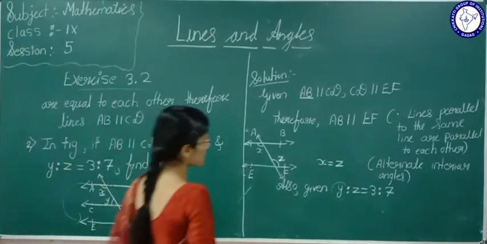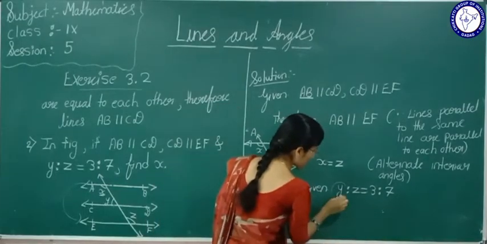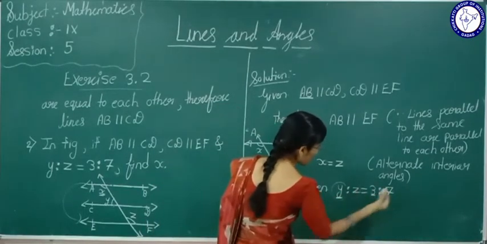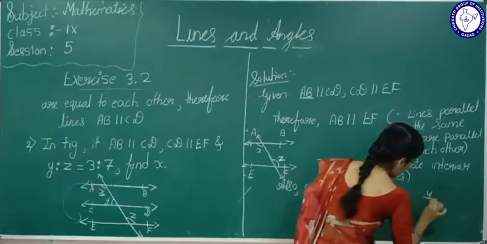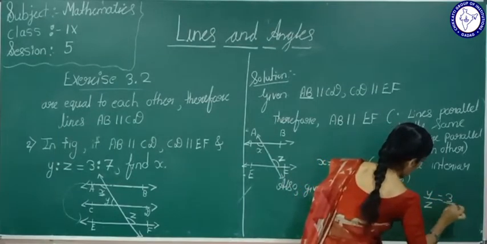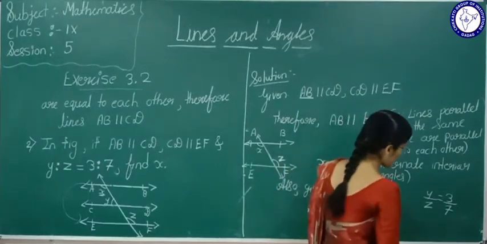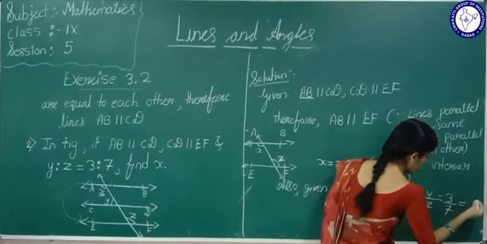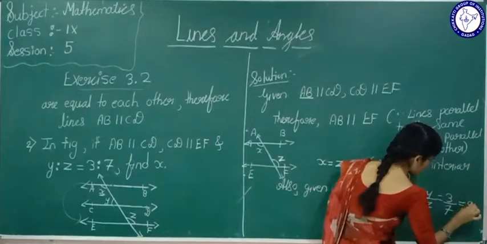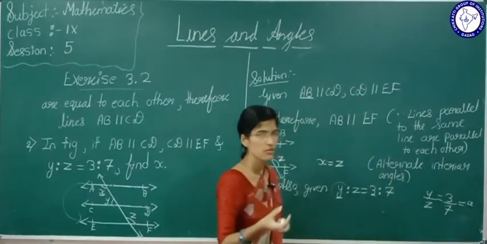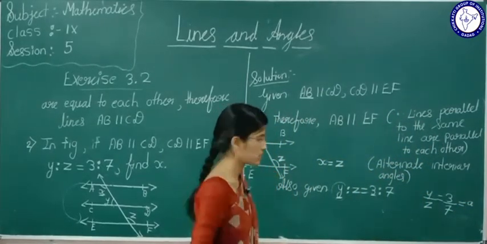Remember here, don't take y value directly as 3, z value as 7. See here, y by z is equal to 3 by 7. Okay. We will take here one common ratio. You can take a common ratio.